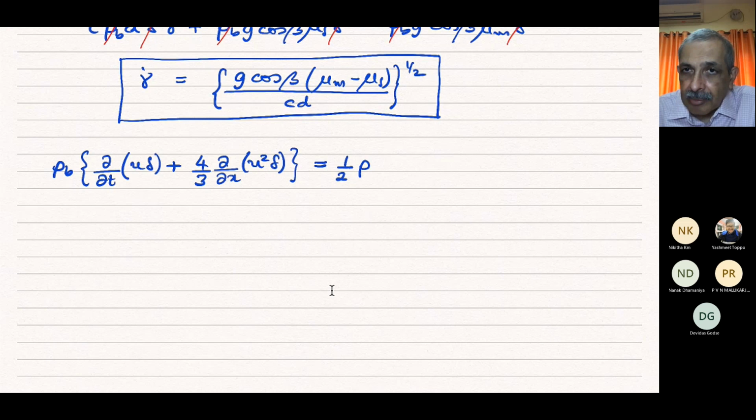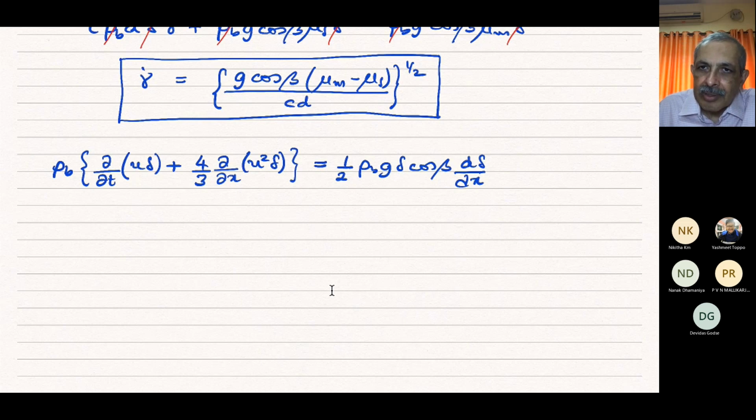So this is the normal stress term. And then you are just left with the driving force minus all the resistance terms.